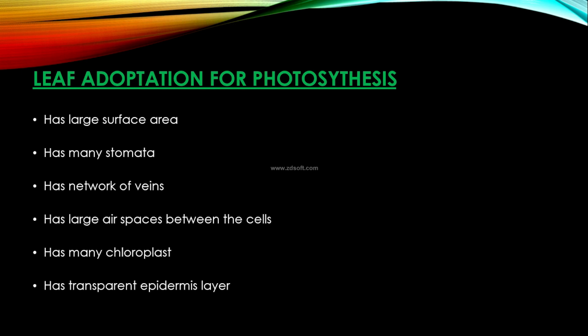Then when it has small air spaces between the cells, it also means it allows rapid diffusion of carbon dioxide in smaller amounts. And when the leaf has fewer chloroplasts, it simply means it absorbs less light. And the epidermis is always transparent. So those are the leaf adaptations for photosynthesis.